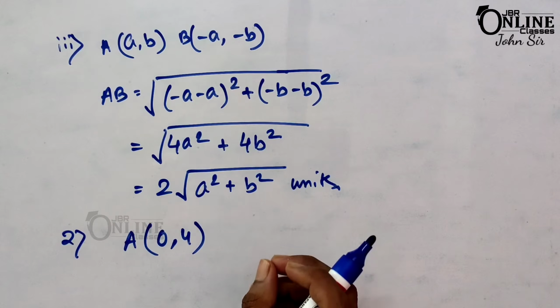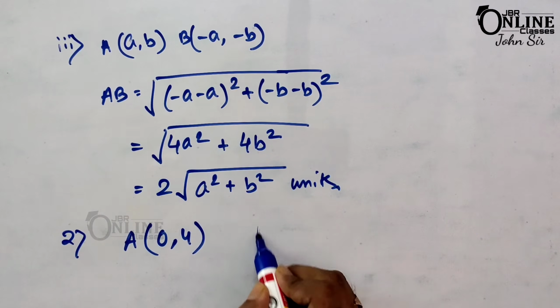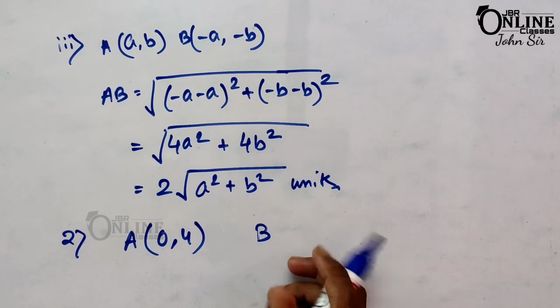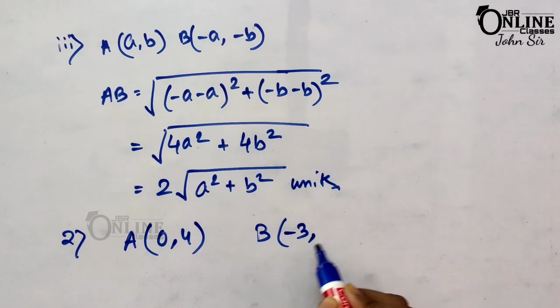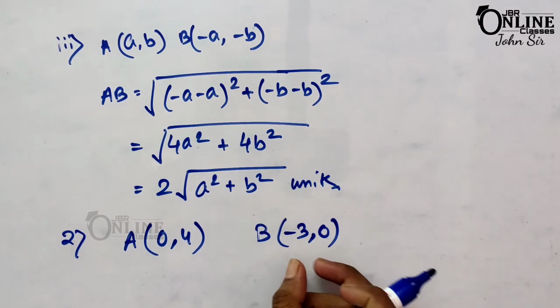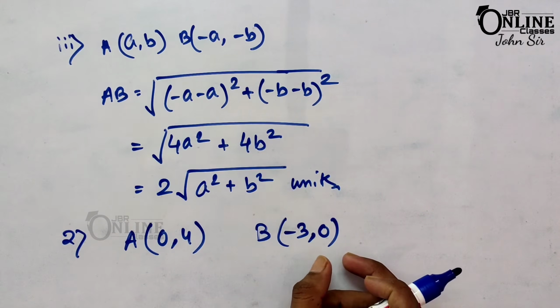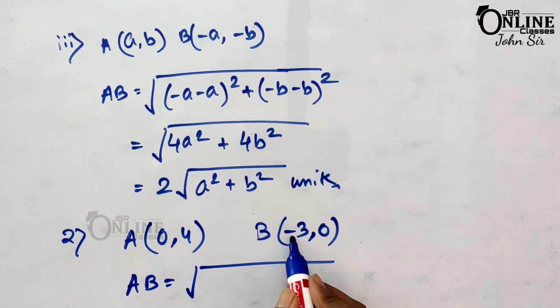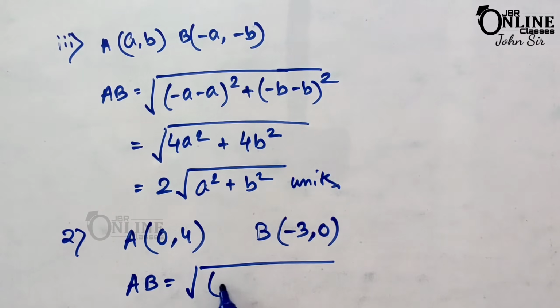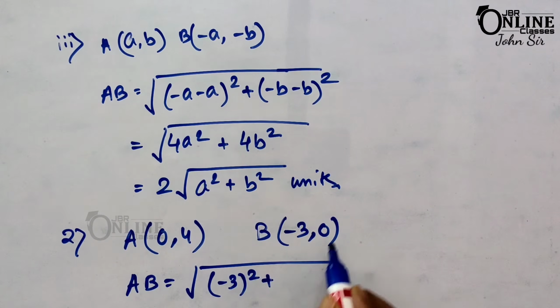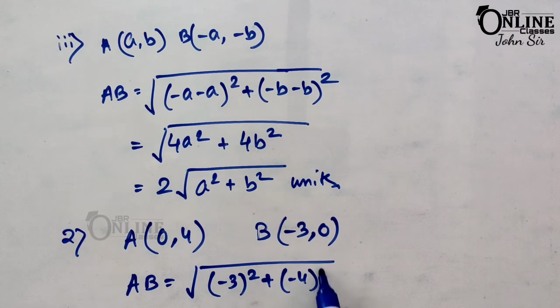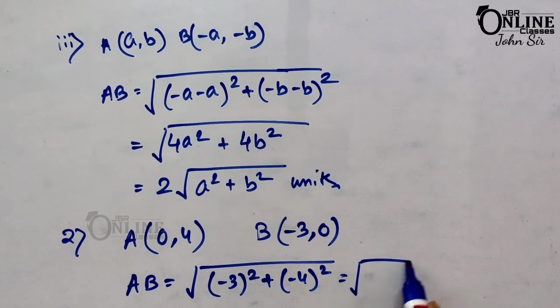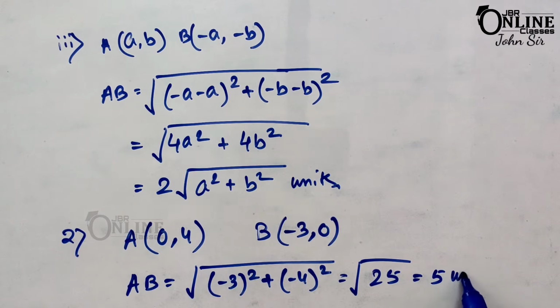The second point B lies on the x-axis, that means its y part will be 0, and the abscissa equals minus 3, so (minus 3, 0) is the coordinate. Now you can easily find the length of AB: minus 3 minus 0, so minus 3 whole square, and 0 minus 4, so minus 4 whole square. That equals 9 plus 16, so it will be 25. So 5 units is your answer.